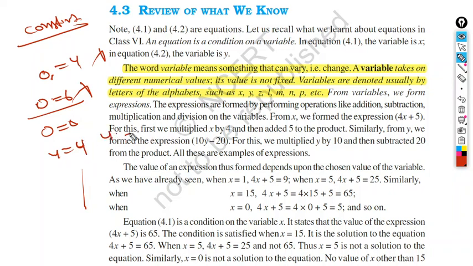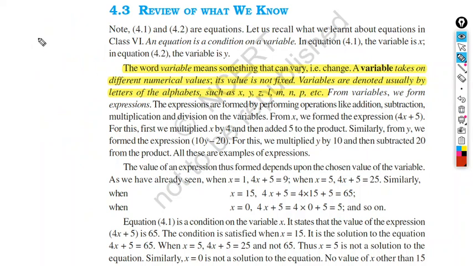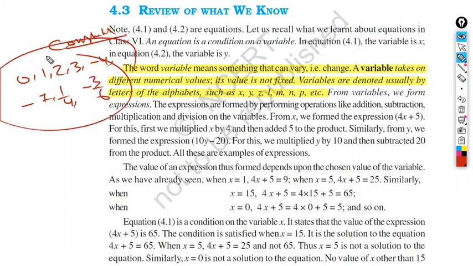So 4 cannot be equal to 5 or 6. Therefore we can say constants are 0, 1, 2, 3, minus 4, minus 7, 1 by 4, minus 3 by 6. These are examples of constants. I hope you have recollected the concept of constant.